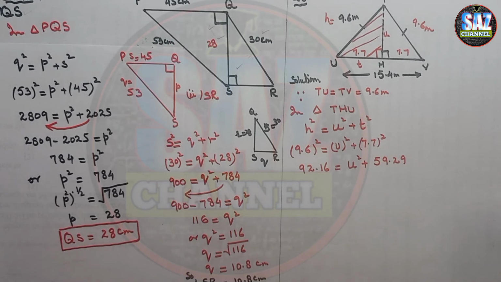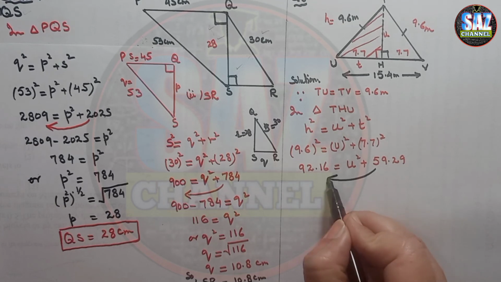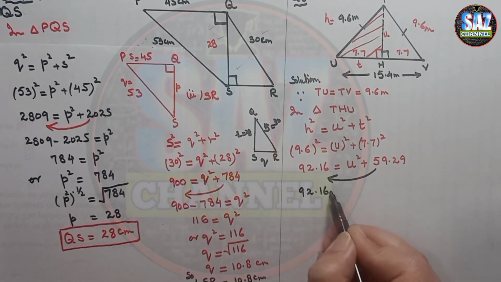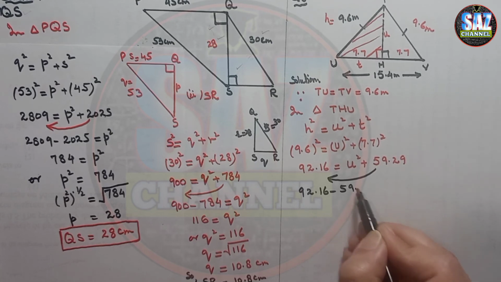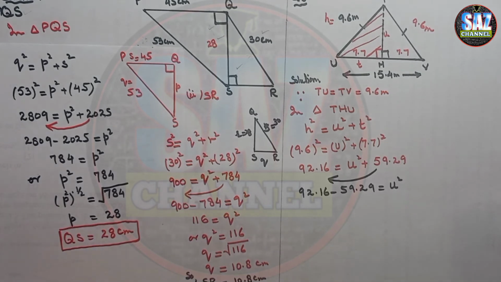Now we have to shift this 59.29 to the other side, and the equation will take the form 92.16 minus 59.29 equals U square.